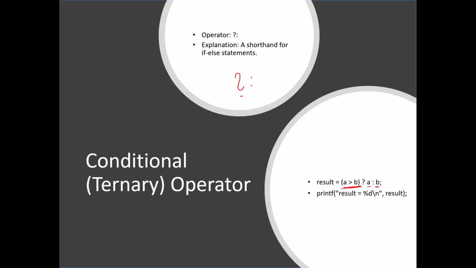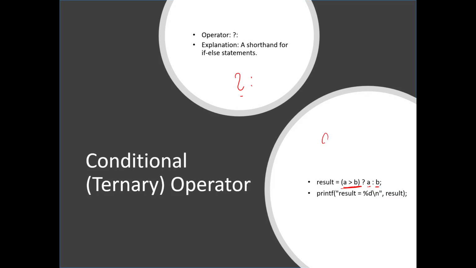What is the meaning of it? Here the values of a and b are copied and checked whether a is greater than or equal to b. If it is true, then result will save the value of a. If it is false, the result will save the value of b, right? And then print the value.